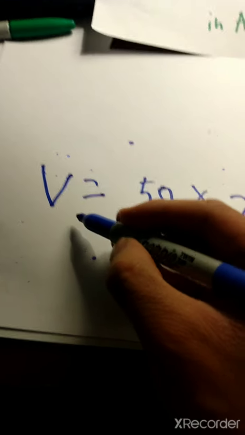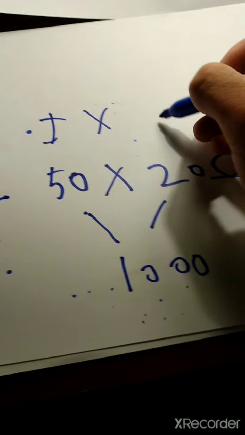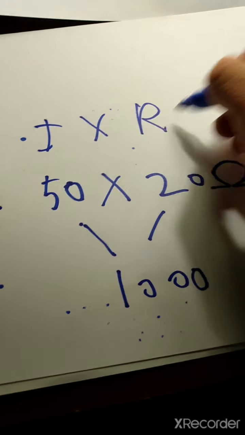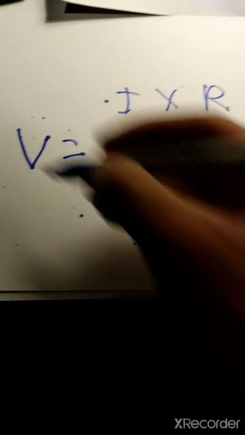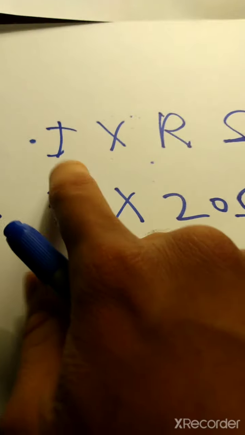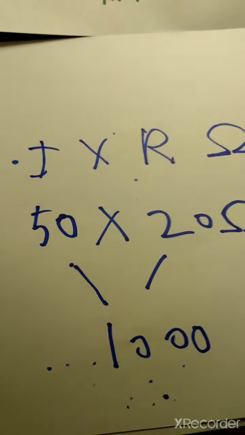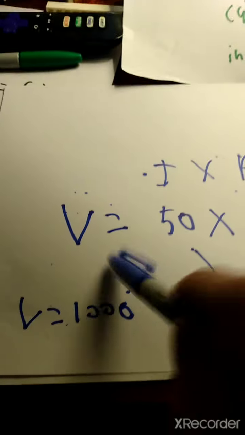Since volts is the same thing as current multiplied by resistance, as in ohms, 1,000 must be the voltage. So our answer for B is voltage equals 1,000. Because 50 multiplied by 20 is current multiplied by resistance. So for this example, we are finding out how many volts the charge is.